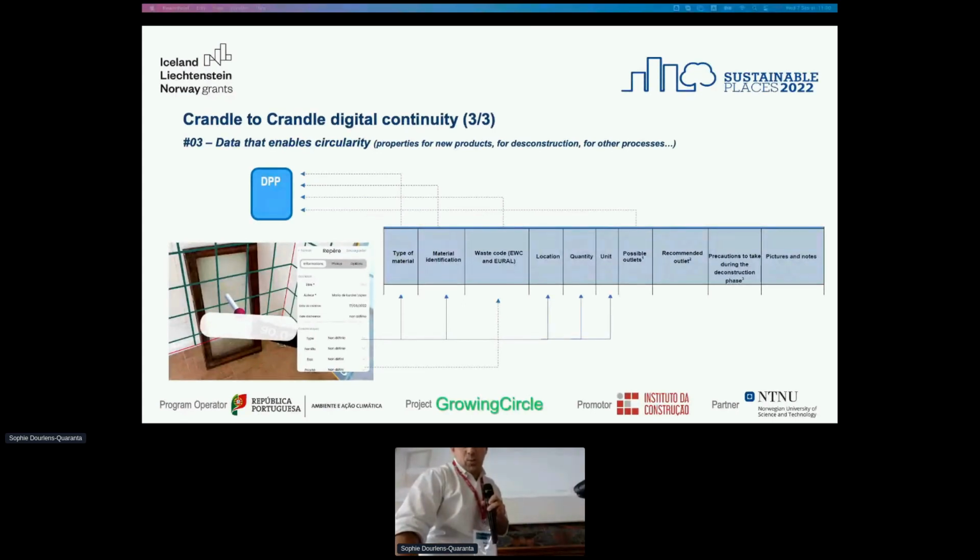So this was one of the case studies where we tried to explore and prove that it would be possible to have in the same package digitalization and sustainability or circular economy concerns.